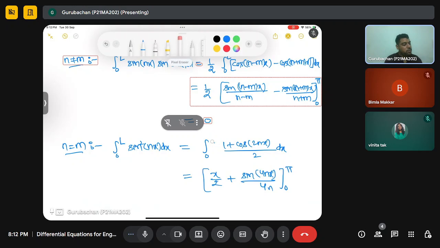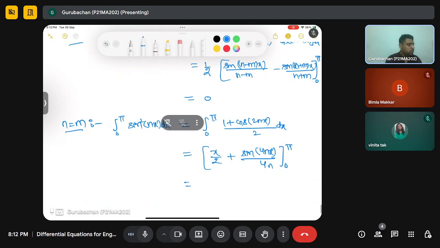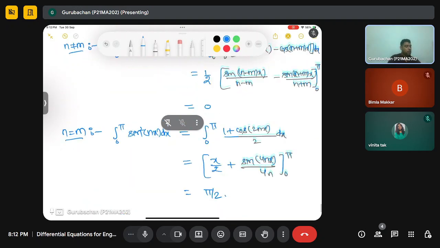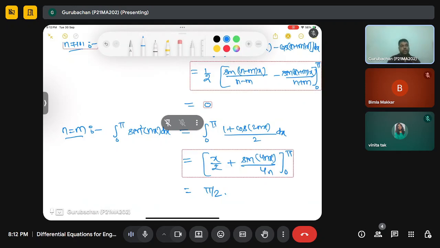I again missed, L is not here, it is pi. This will be pi by 2. In the same way, you can judge sine and cos and other different possibilities, or you can say sine n pi x by L and sine m pi x by L. Their integration from 0 to L will be L by 2.